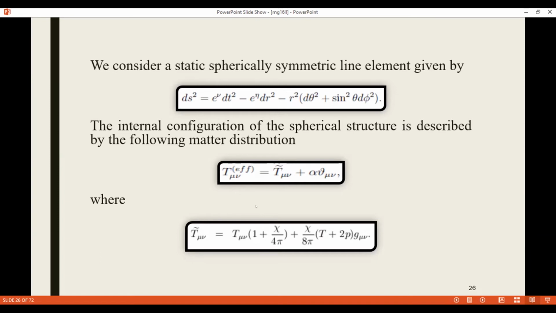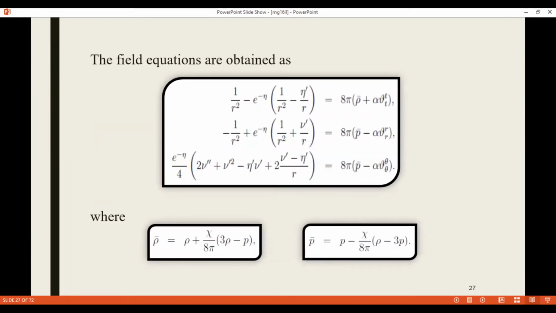Well, these are the effective terms coming from the theory, and these are given here, and this is due to anisotropy. So we can write down the field equations in this form. Here rho bar and p bar are given here.